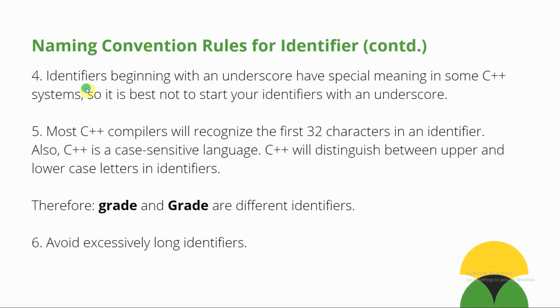And fourth, identifiers beginning with an underscore have special meaning in some C++ systems, so it's not best to start your identifiers with an underscore. Although it is allowed, it is not advised. And most C++ compilers will only recognize the first 32 characters in an identifier, and they are also case sensitive.